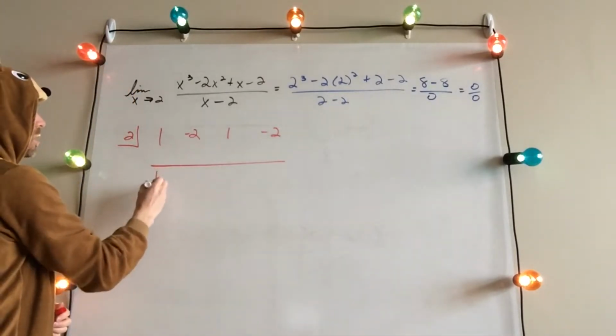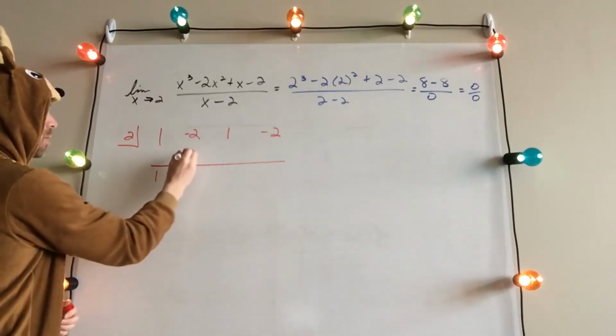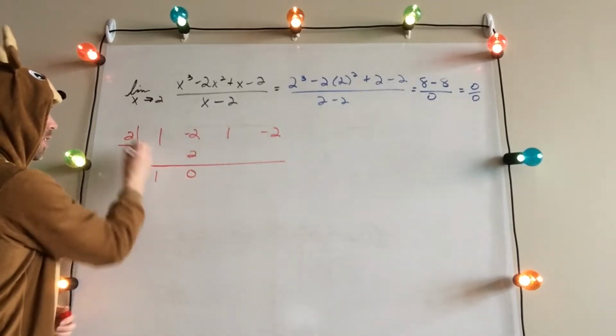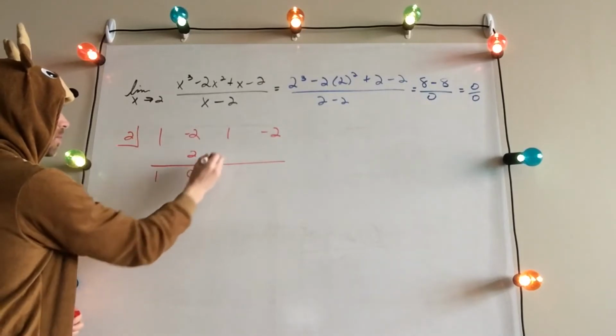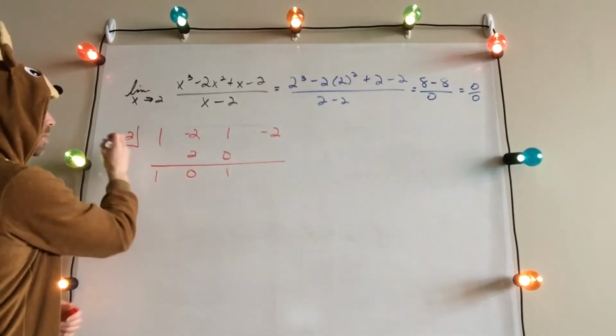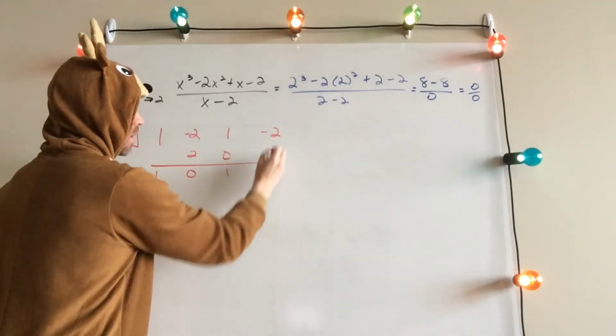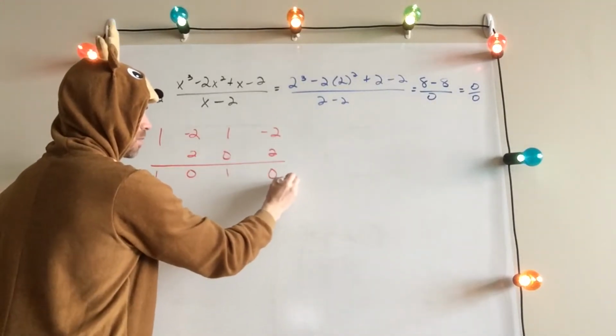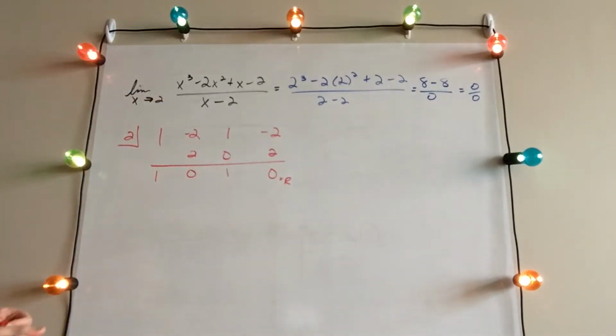Bring down your 1, multiply by your 2, 2 times 1 is 2, bring down the 0, multiply, 2 times 0 is 0, and then 2 times 1 is 2. All right, add down, we get a 0, which was our remainder. So it does divide out.